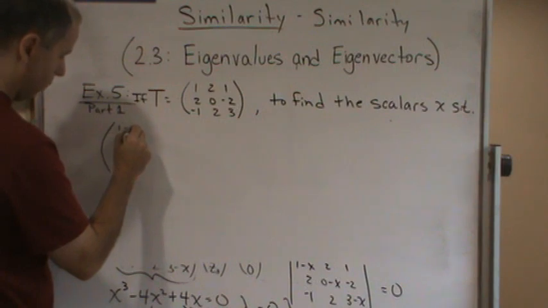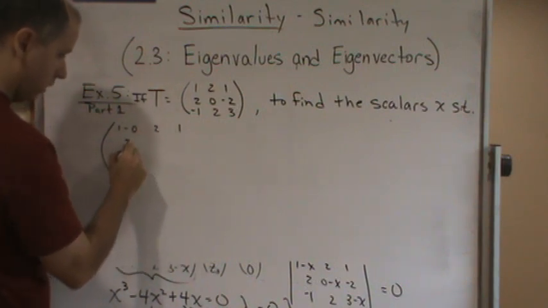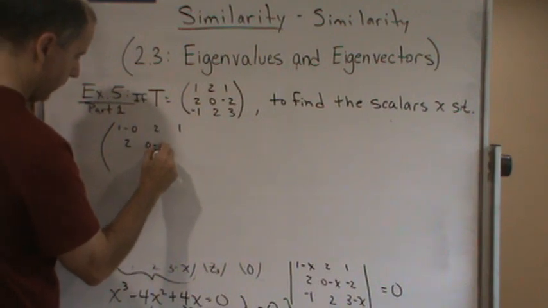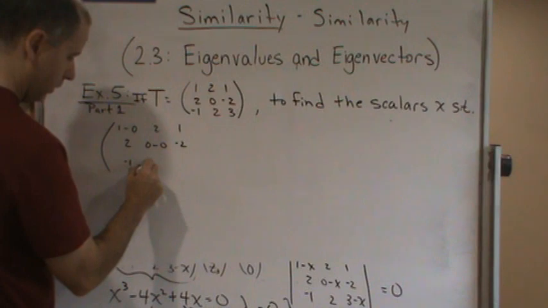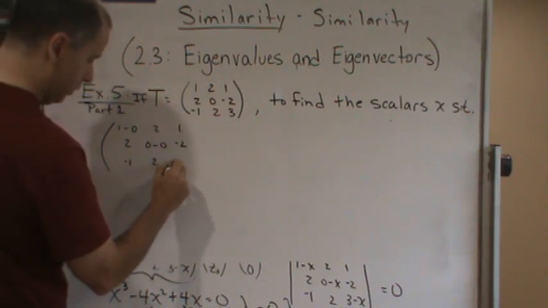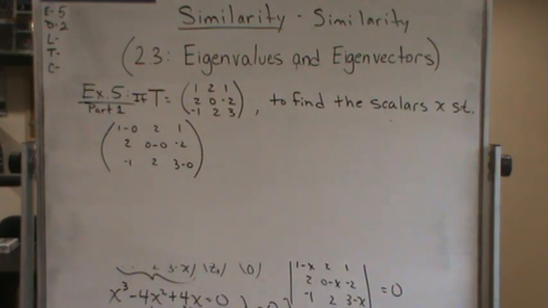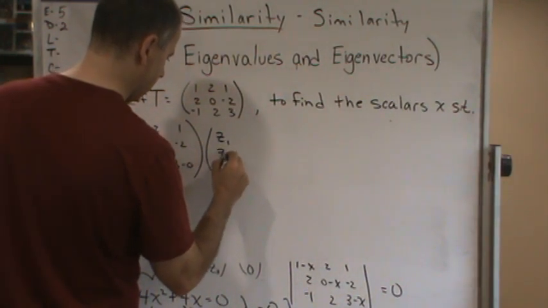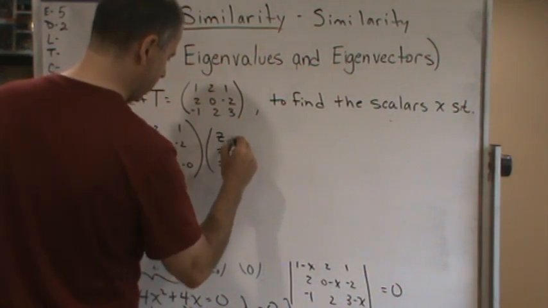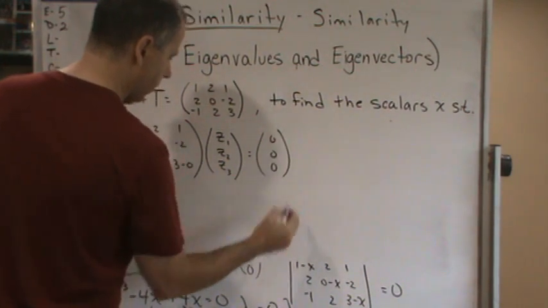We get 1 minus 0, 2, 1, 2, 0 minus 0, negative 2, negative 1, 2, 3 minus 0, times z1, z2 and z3 equals zero.